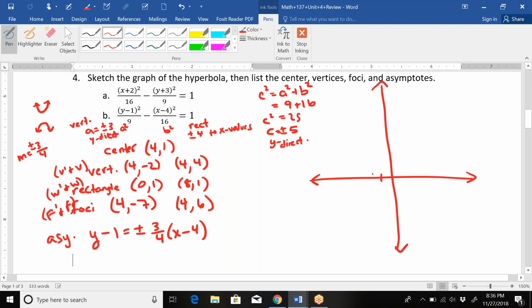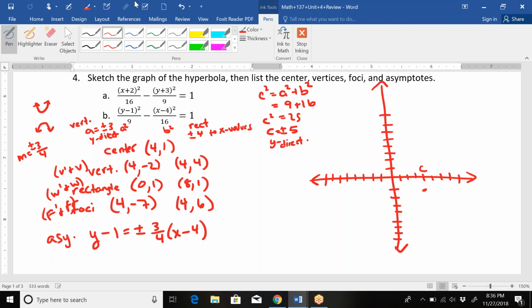So this is 1, 2, 3, 4, 5, 6, 7, 8. Okay, so 4, 1 is over 4, up 1. That's my center. 4, negative 2 is my first vertex, and I did that too high.